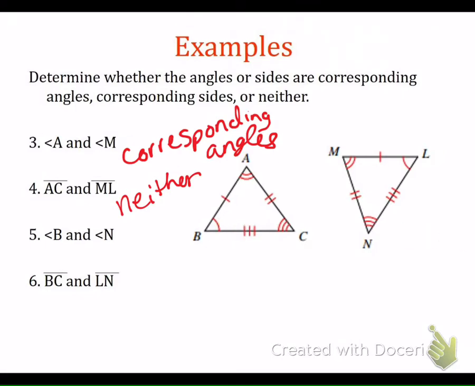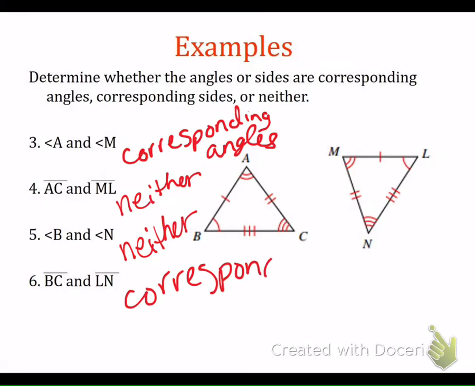So that would be a neither. BC and LN. Yes, they're both marked with 3. So that would be corresponding sides. Questions?